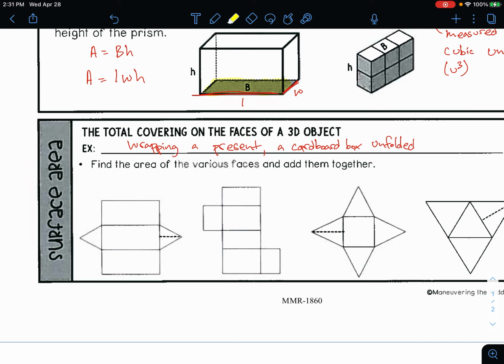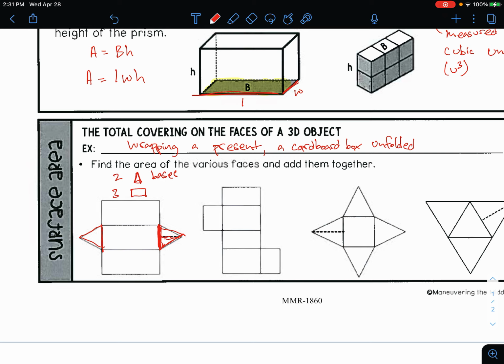So for example, this makes a triangular prism. It's got two bases, and you can see the dotted line indicating the height, and this down here would be the base. So you have two triangle bases, and then you have three rectangles.